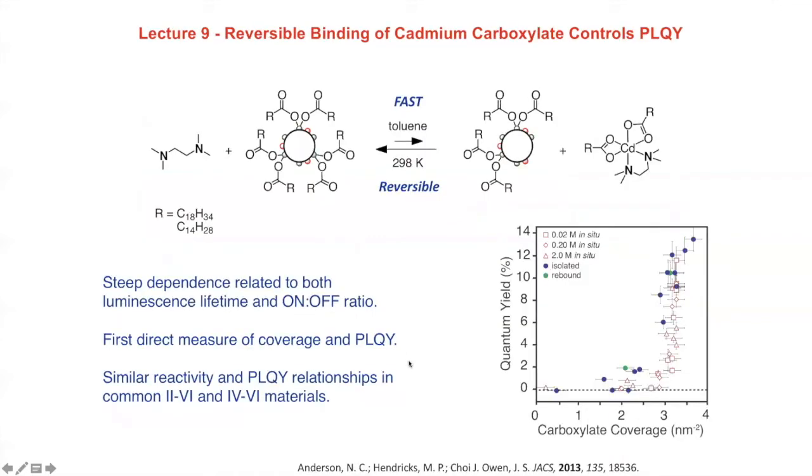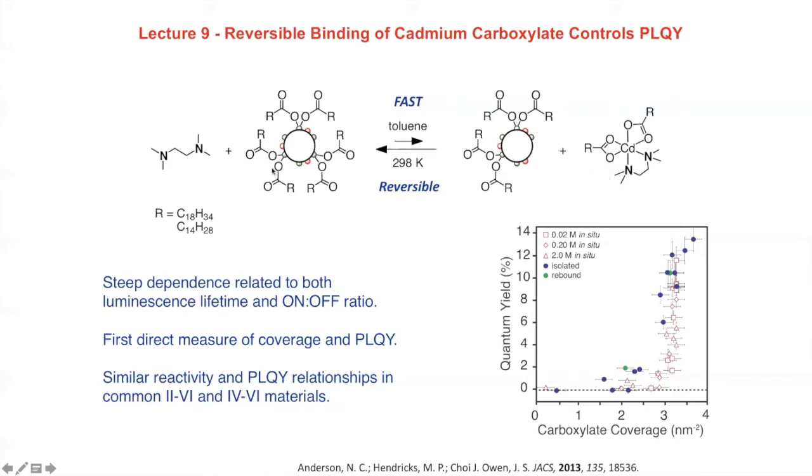Okay, so we can exploit that to study things like ligand displacement reactions. Here is an example of one. This was a demonstration by Nick Anderson, a member of my group from years ago, one of my first students. Nick used tetramethyl diamine to displace cadmium carboxylate from particle surfaces.